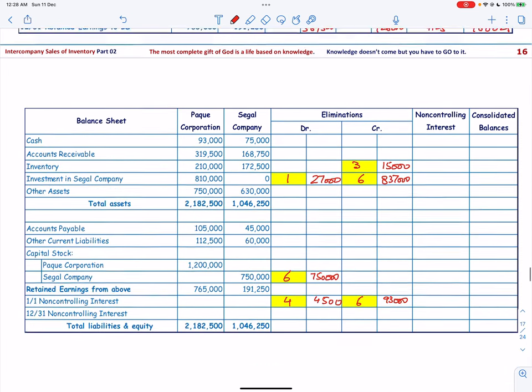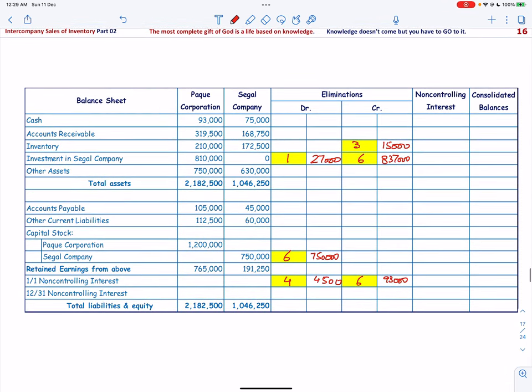Next, we are going to complete the balance sheet. Rather, we have completed the consolidated retained earning, and we are going to prepare the consolidated balance sheet now. So we have cash for P and cash for S company, that total is 168. Accounts receivable for P company and S company will be added up, that is 488,250.